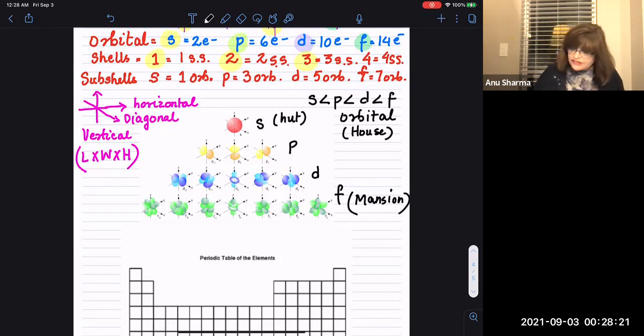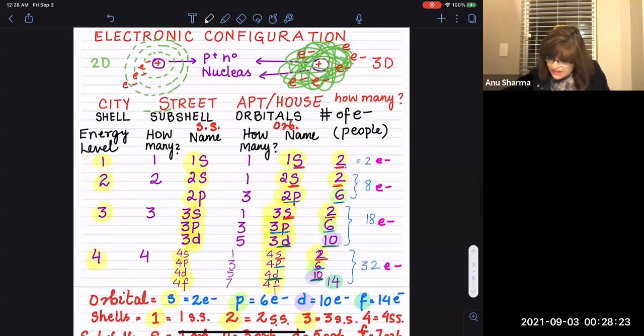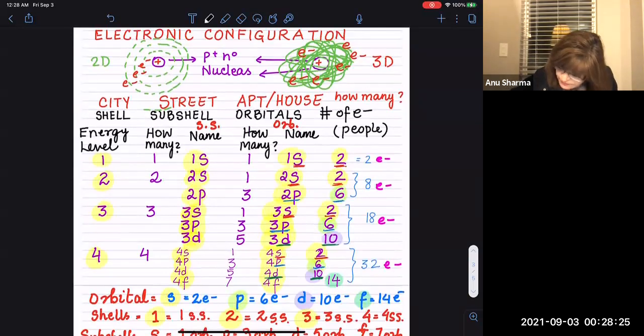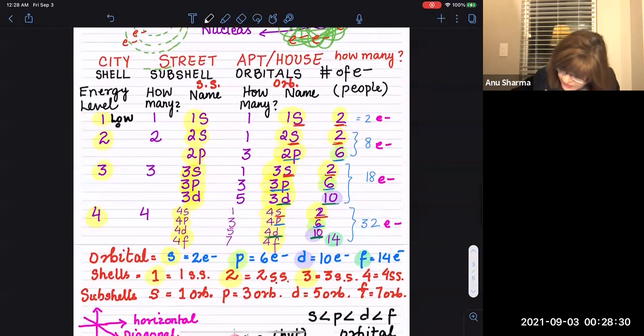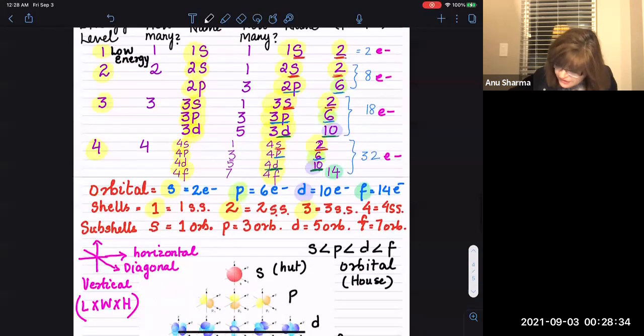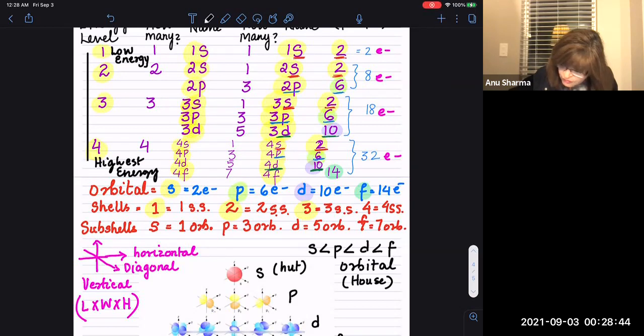Then we also see that this is low energy. And this one is high energy, the highest in this case. So we see that the energy increases as you go from 1 to 4.